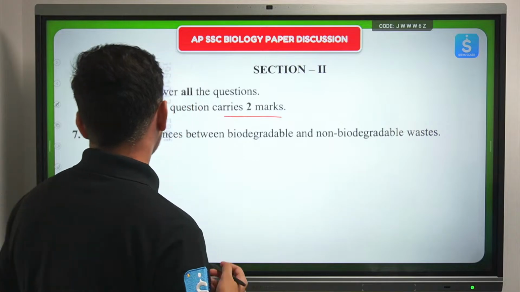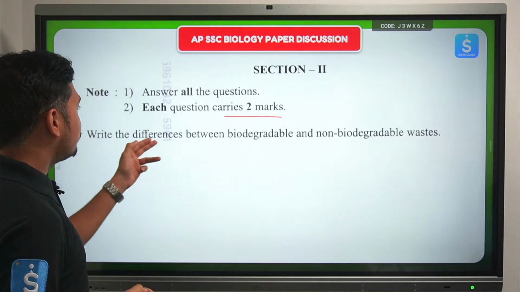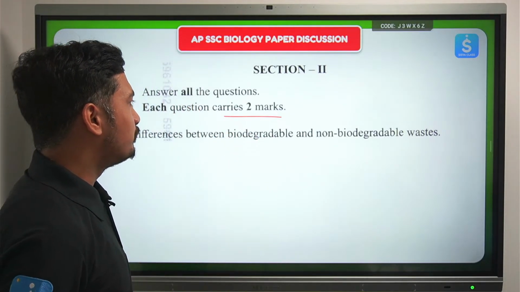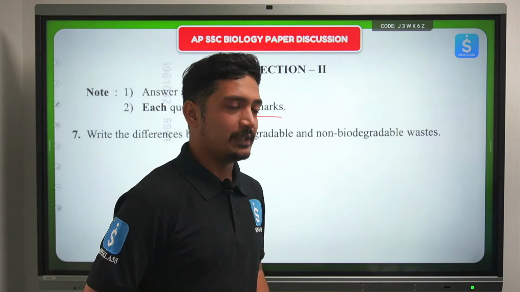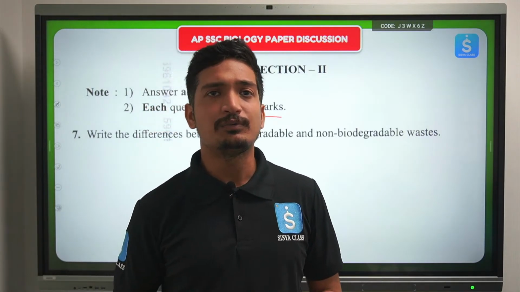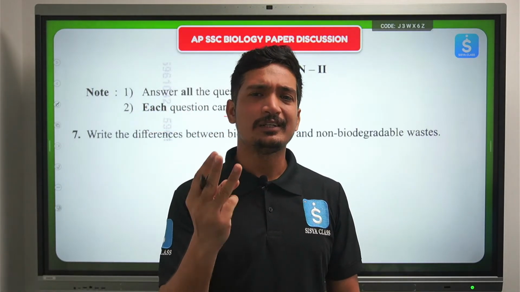Okay, fine. Moving ahead. Write the difference between the biodegradable and non-biodegradable waste. Since it is of 2 marks, I'll write 3 points of differentiation.